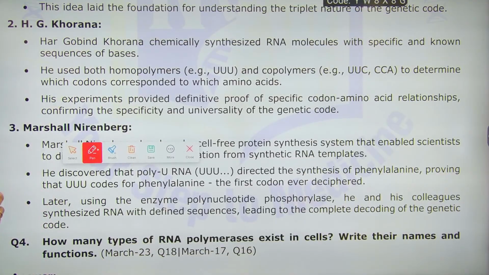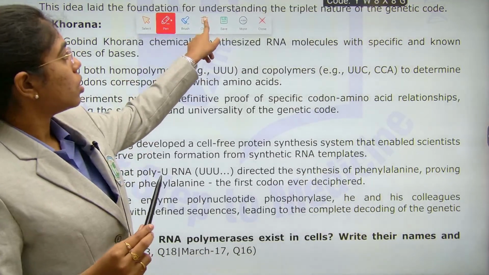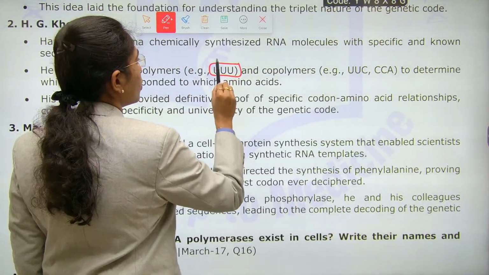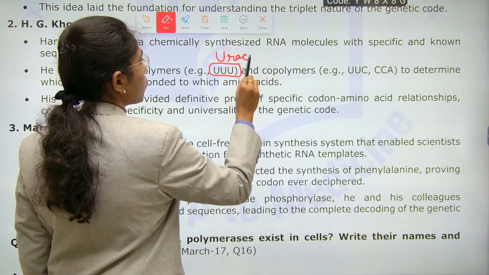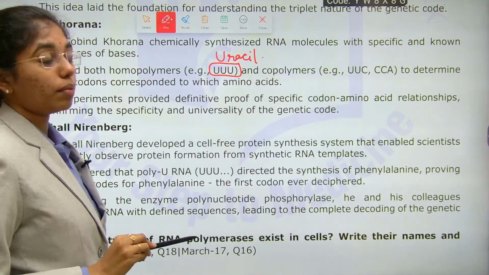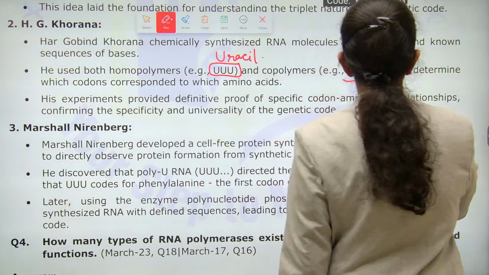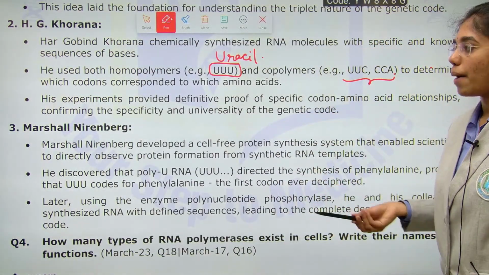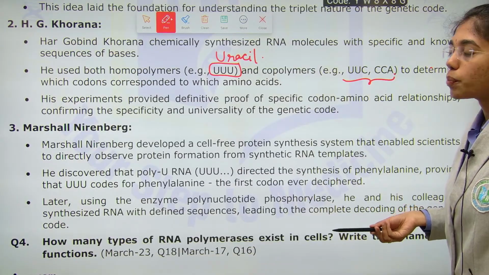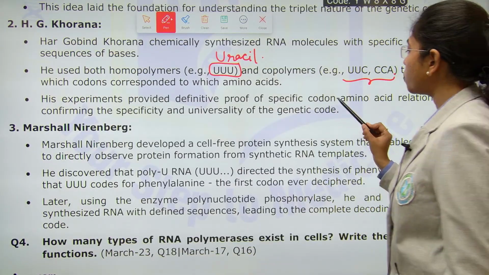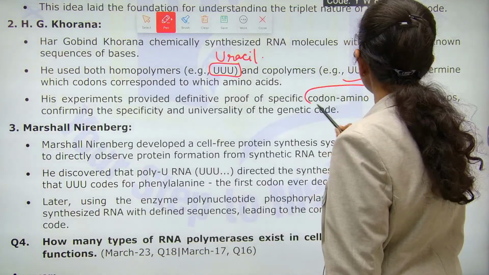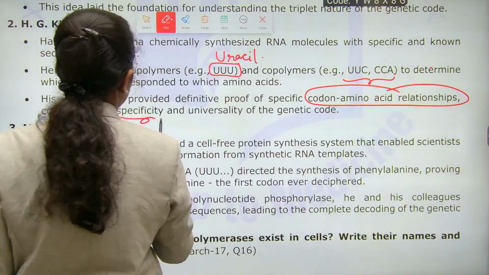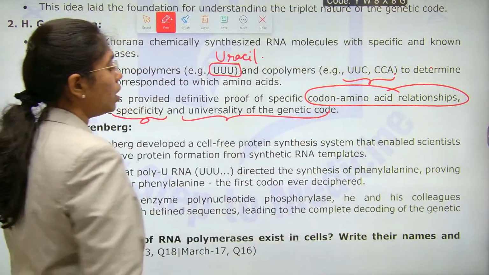He used homopolymers and copolymers, like UUC and CCA, to determine the codons corresponding to which amino acids. His experiments provided definite proof of specific codon-amino acid relationships. This confirms the specificity and universality of the genetic code.